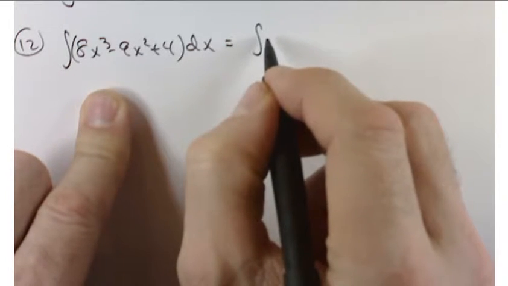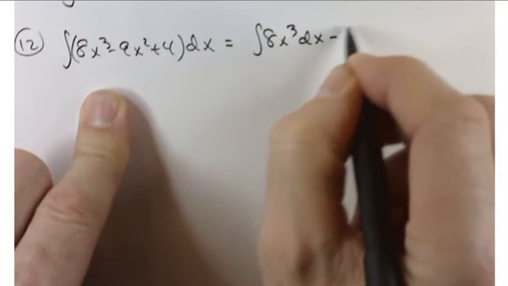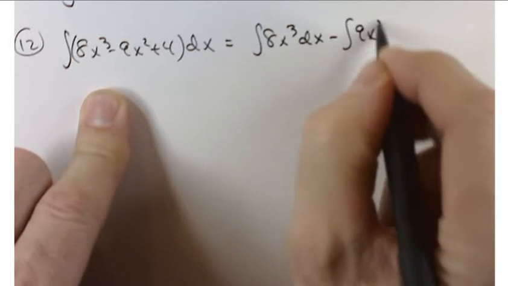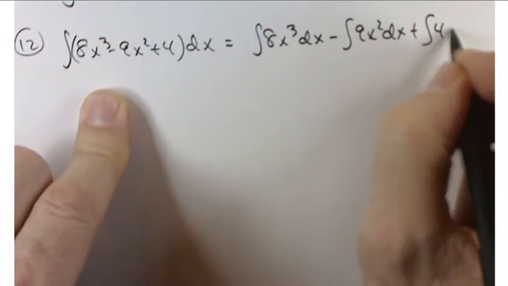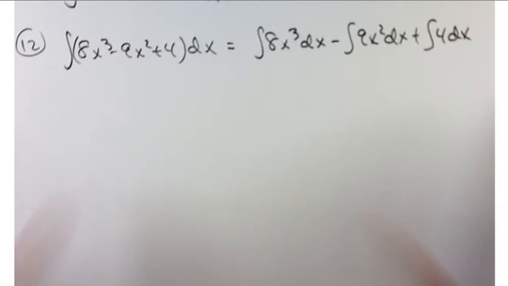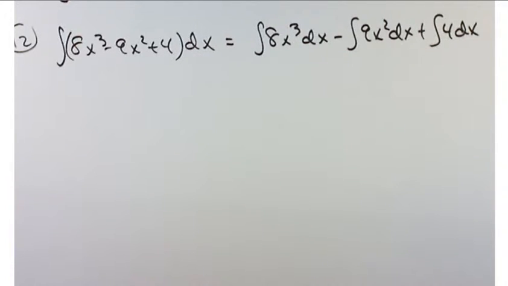Let me break this up. This is going to be the integral of 8x cubed dx minus the integral of 9x squared dx plus the integral of 4 dx. So all I did was distribute that integral. If you want a fancy term to impress or confuse your friends with, the integral is a linear operator.